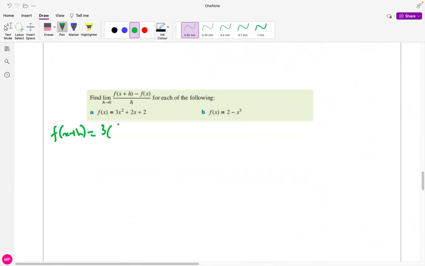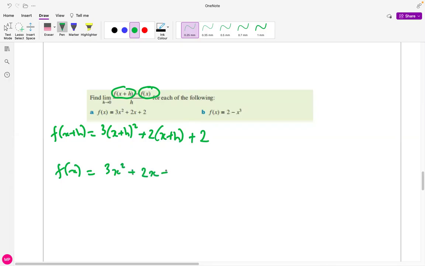So you have 3 times x plus h squared, instead of x squared, plus 2 times x plus h, and then plus 2. This is the whole bunch of things here. And f of x is literally the original equation, 3x squared plus 2x plus 2.